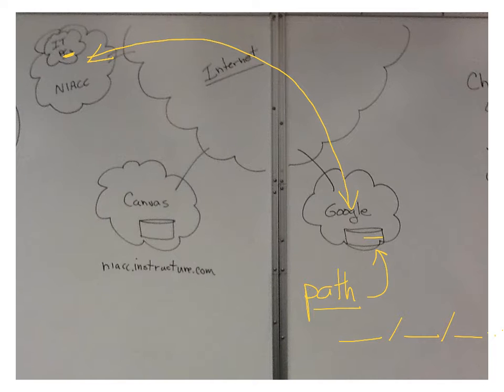Now, we want to share that. And so what we set up here, there's a path to Canvas, to NIACC on Canvas, subdomain. This is where Canvas is, instructure.com. And then we wanted to put here a link, a link that everybody could look at.